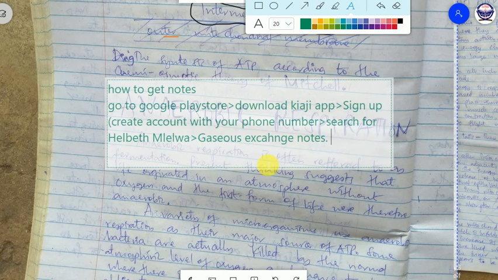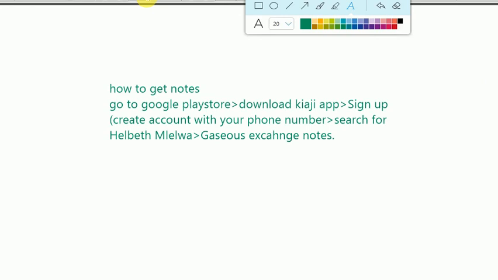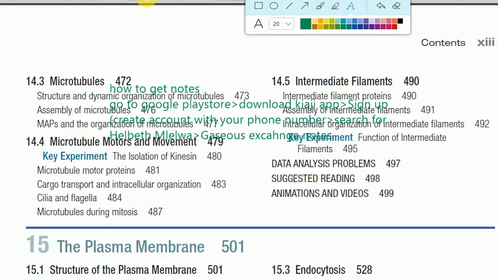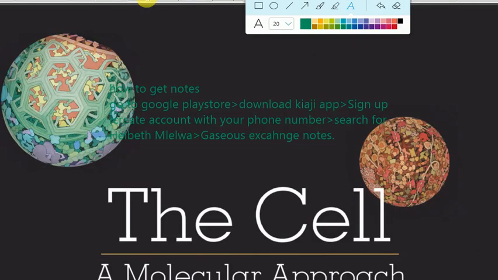So our reference books here, we have Understanding Biology, you have BS, you have The Cell: A Molecular Approach, and let me show you this book. You can see how the cover page is. 8th edition.